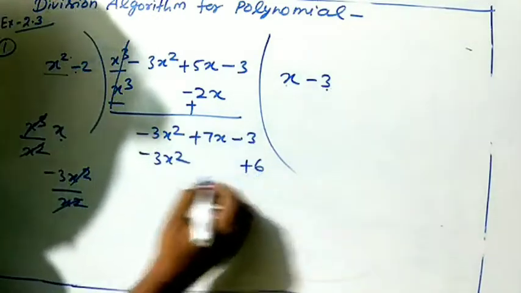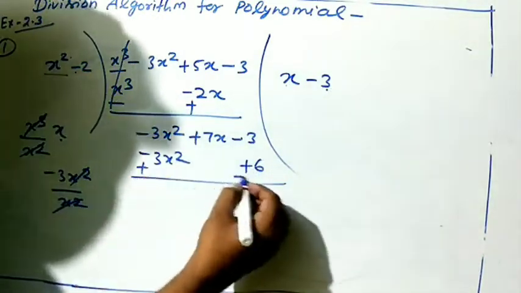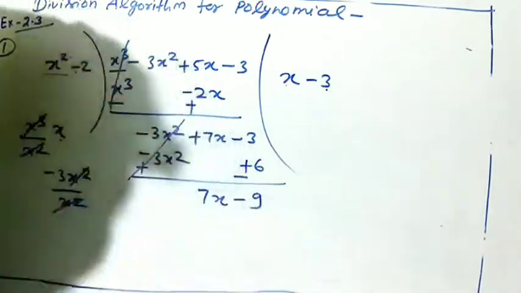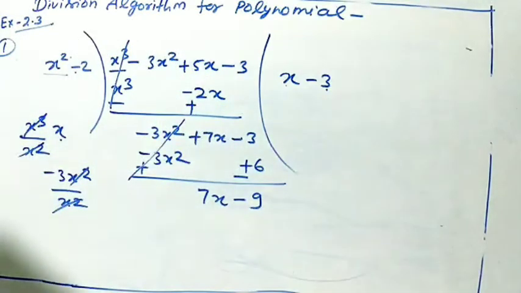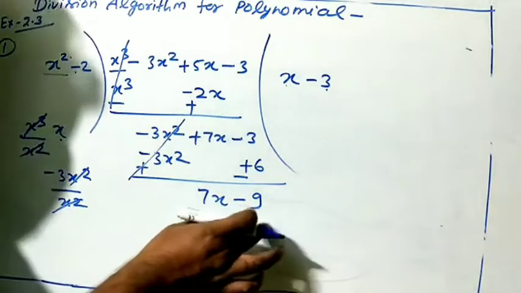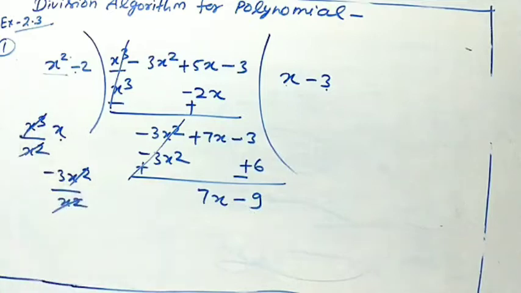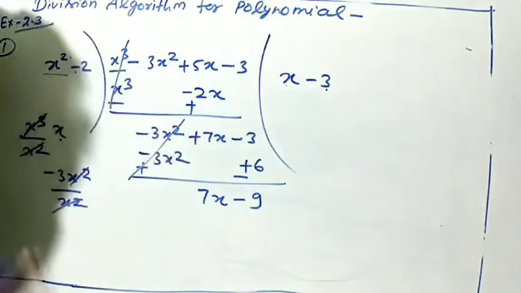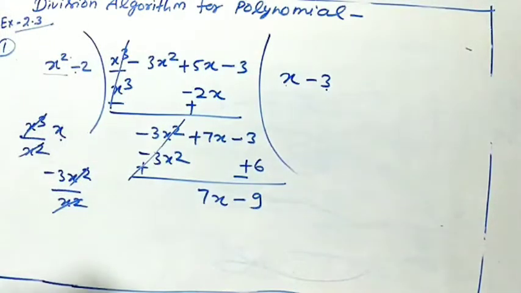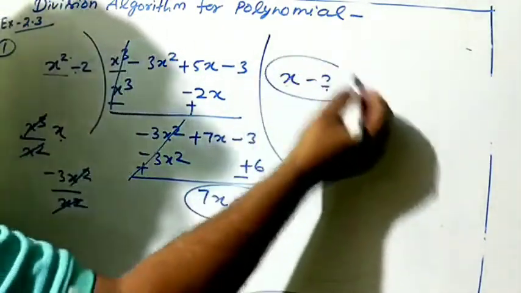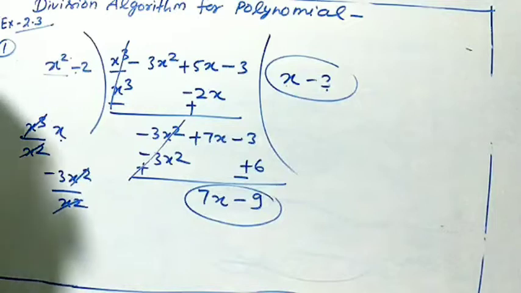So write down the like terms, change signs, this cancels, it is 7x and minus 9. Now you can see the degree of the remainder is less than the degree of the divisor. That's why the division is complete. It is not possible to continue. So the remainder will be 7x minus 9 and the quotient will be x minus 3.